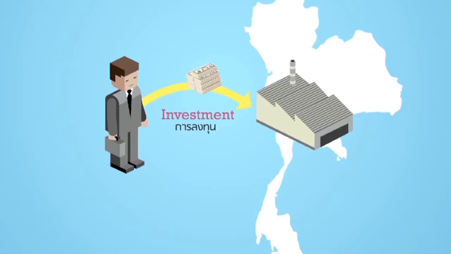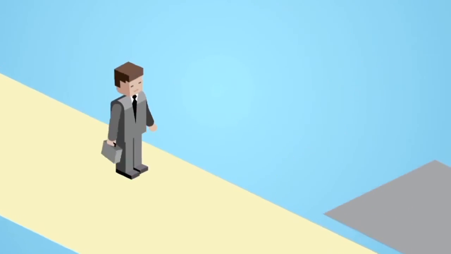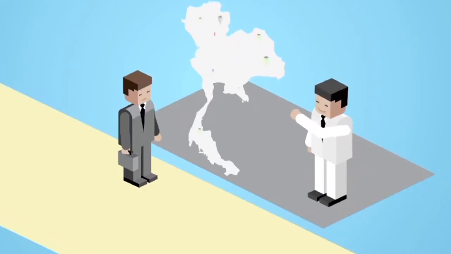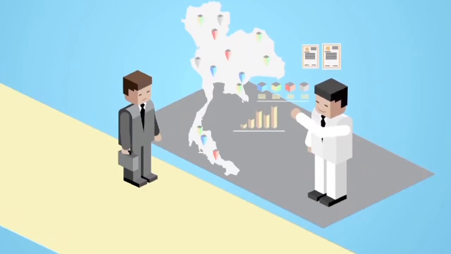For example, investors from the EU have brought their money over to Thailand to set up factories. If one day the Thai government decides to expropriate their land, they should be able to sue the government in court. But if they don't trust the Thai judicial system or they want their claims settled quickly, they can resort to ISDS.